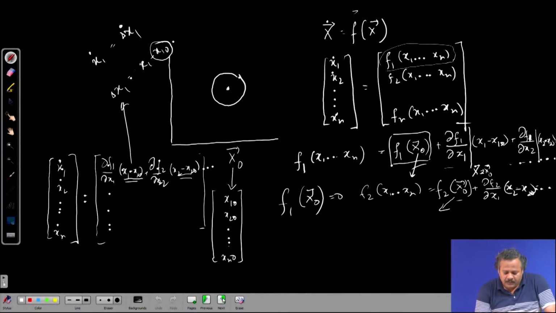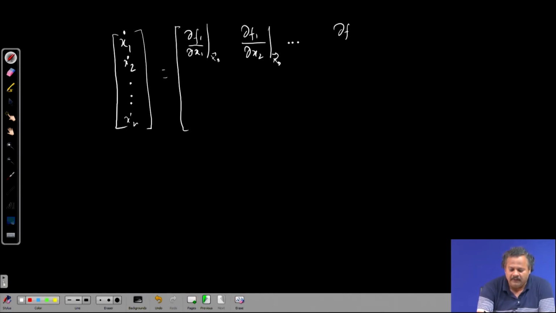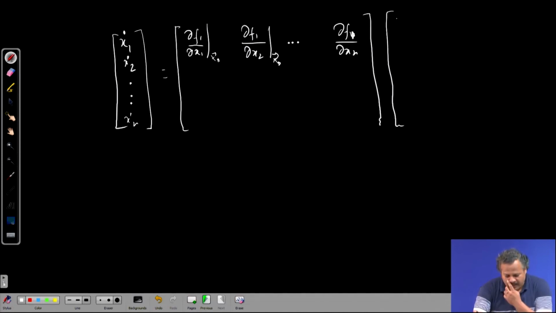So here we can replace it with del f1 del x1 evaluated at the equilibrium point, del f1 del x2 evaluated at the equilibrium point, and then del f1 del xn, multiplied by x1 minus x1 naught, x2 minus x2 naught, up to xn minus xn naught.